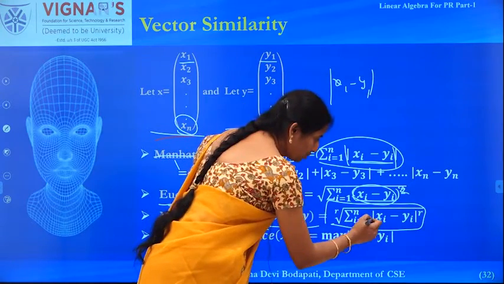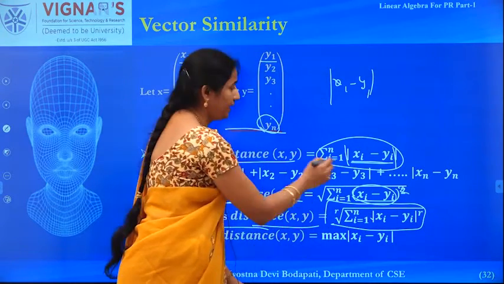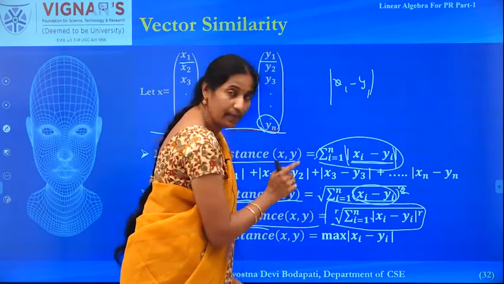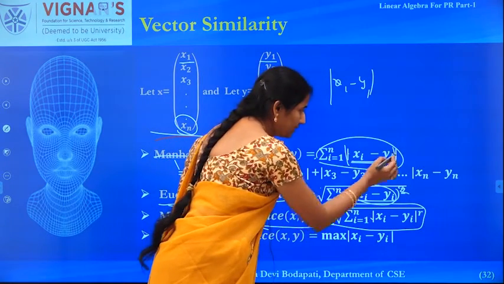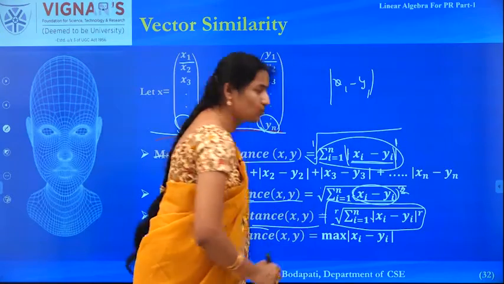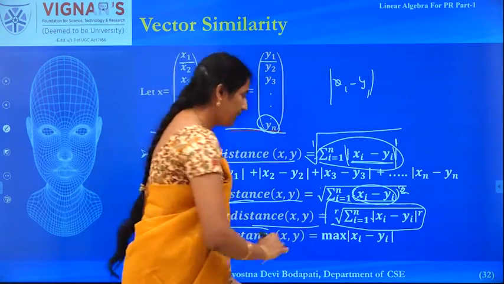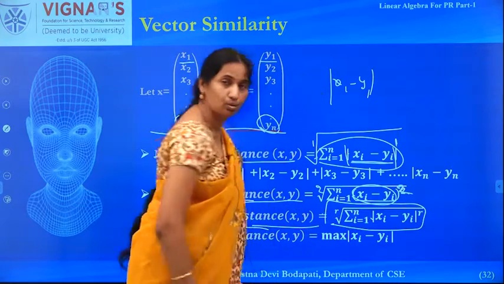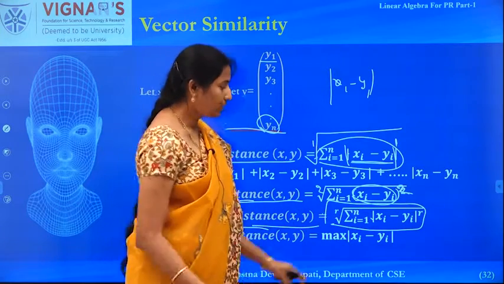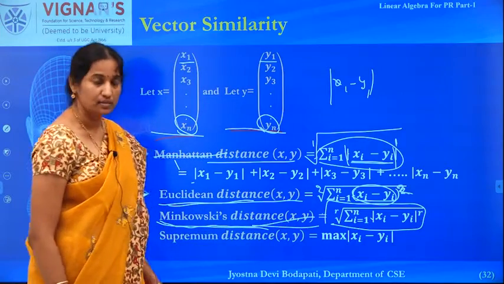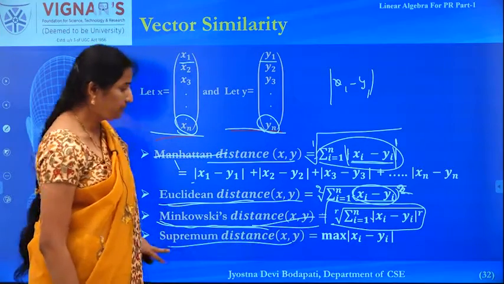If you observe the Manhattan distance, the equations are all the same except that the power is raised to 1 and there is a root, but because the root of 1 we ignore that. And here the root is 2 and the power is raised to 2. If you extend that to R, then that is called Minkowski distance.